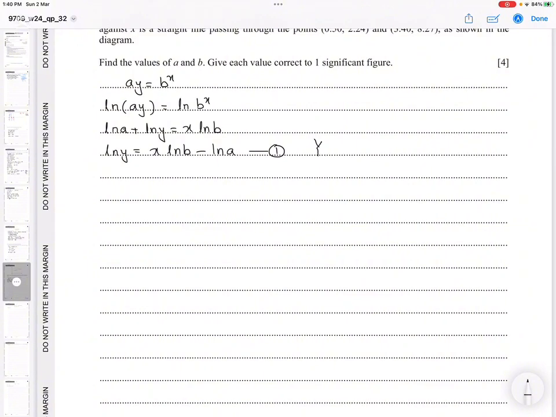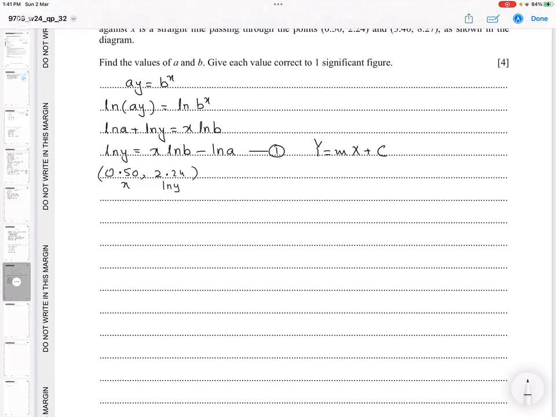This is actually in the form y equals mx plus c. Now you have the coordinates given, 0.50, 2.24. So your x is x and your y is not y, actually it is ln y.